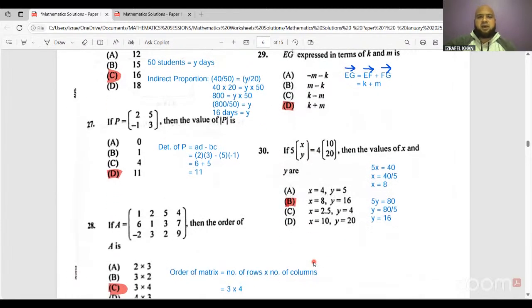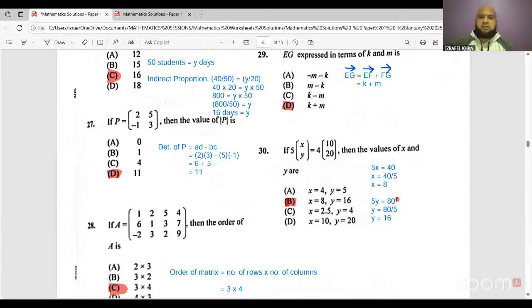30, the halfway mark. 5 by x is 4 by 10, 20. Values of x and y are. If I multiply the top, 5x equals 4 by 10 is 40. Carry the 5 across, you divide. Opposite of multiply is divide. 40 divided by 5 is 8. All right, below you have 5 by y would give you 4 by 20. 5 by y is 5y. 4 by 20 is 80.